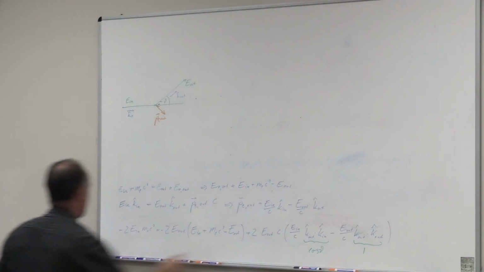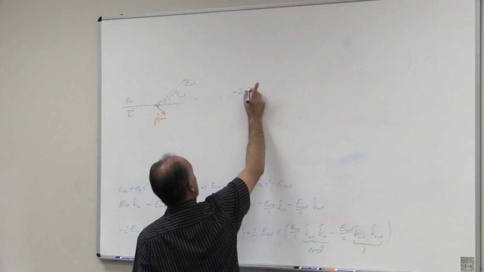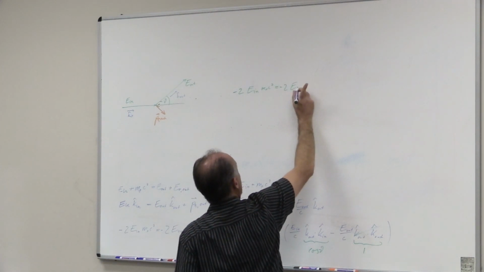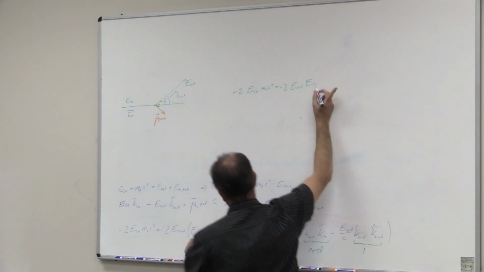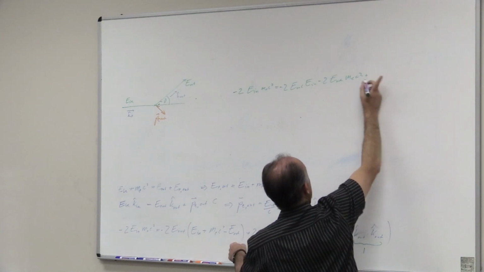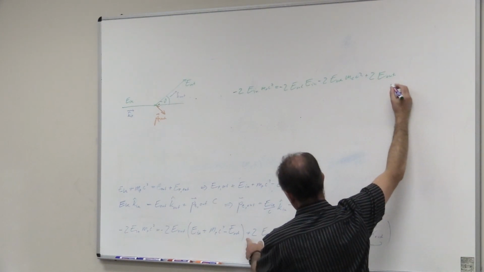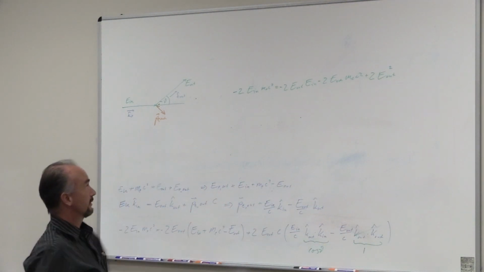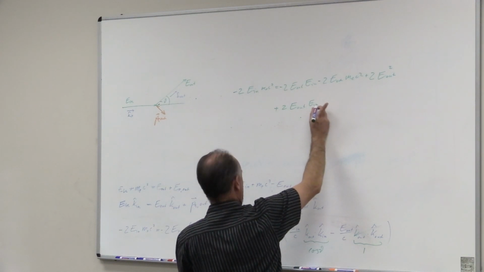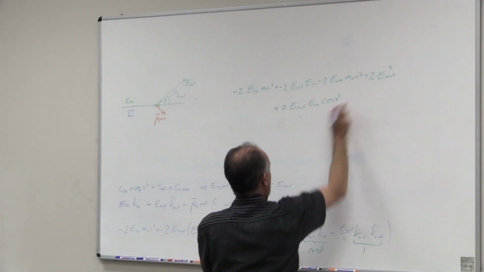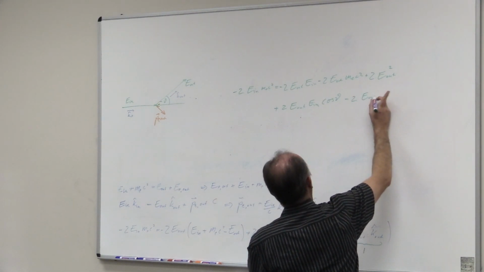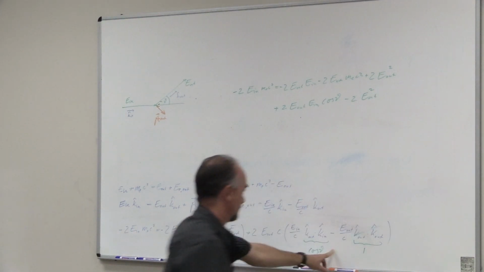So, if we continue there, we have minus 2 E_in m_e c squared equals minus 2 E_out E_in minus 2 E_out m_e c squared plus 2 E_in squared, right, that's this part here, plus 2 E_out E_in, this one here, times cosine theta, minus 2 E_out squared, right?